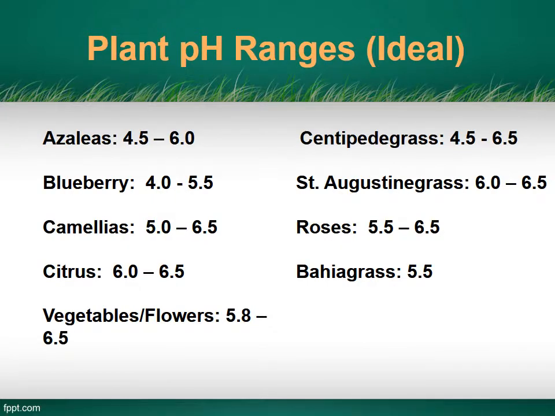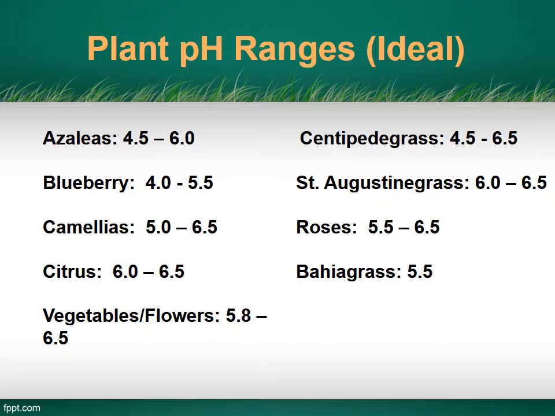Here's some different plants that you'd find in the landscape and the different soil pHs that they're going to grow the best at. There's several plants where you have to grow them in a very acidic soil. You see azaleas, blueberries, and camellias. They all like an acid soil. Azaleas prefer 4.5 to 6.0, so that's obviously below 7. 4.5 is a pretty acidic soil.